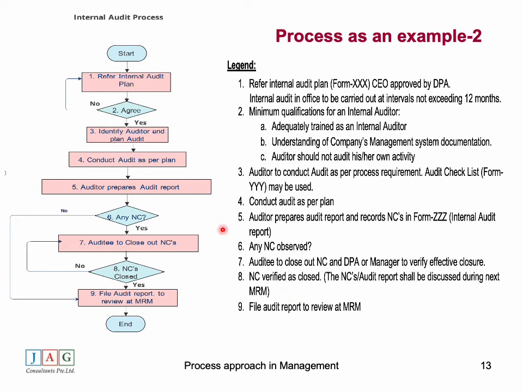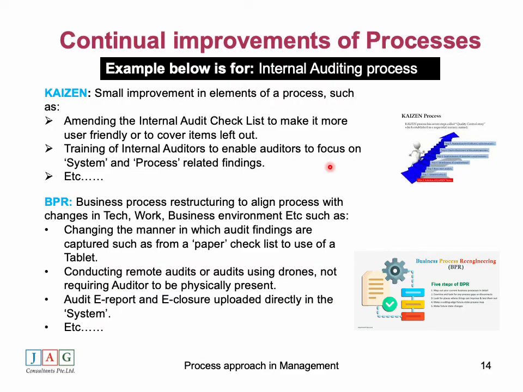So this approach of a process for conducting internal audit defines, if you go back to the previous slide, the input requirements, the output requirements, the indicators, and the objectives, right? Okay, so let's go back to our last slide. That's about continual improvement of processes, and below is an example again for the internal audit process.